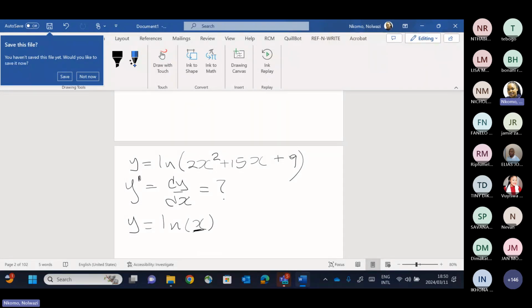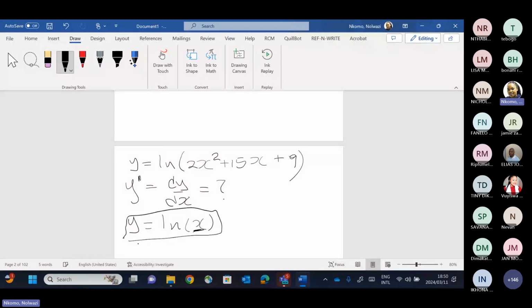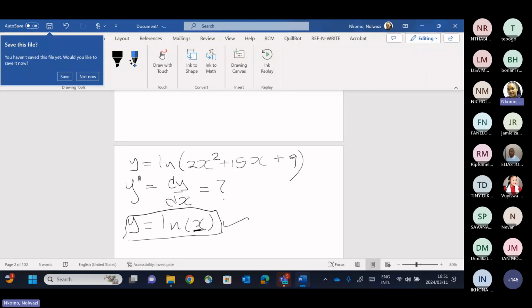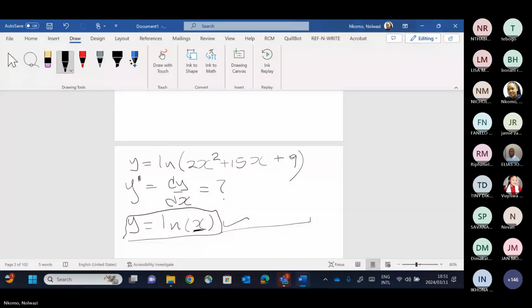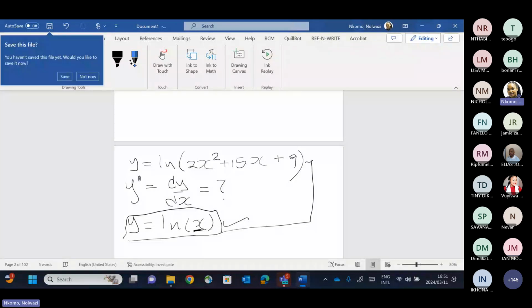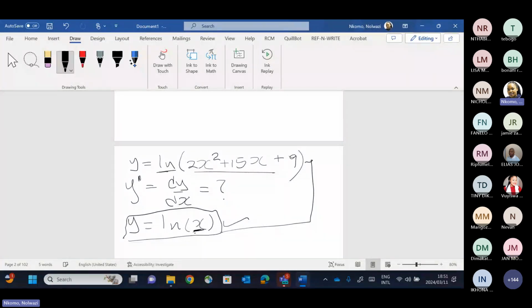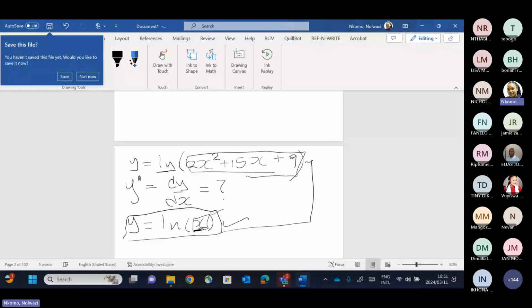But if you want to use the rule for this function, we first compare these two functions. They have similarities between them: ln of something and ln of something. But here we just have a variable, and there we have a function.